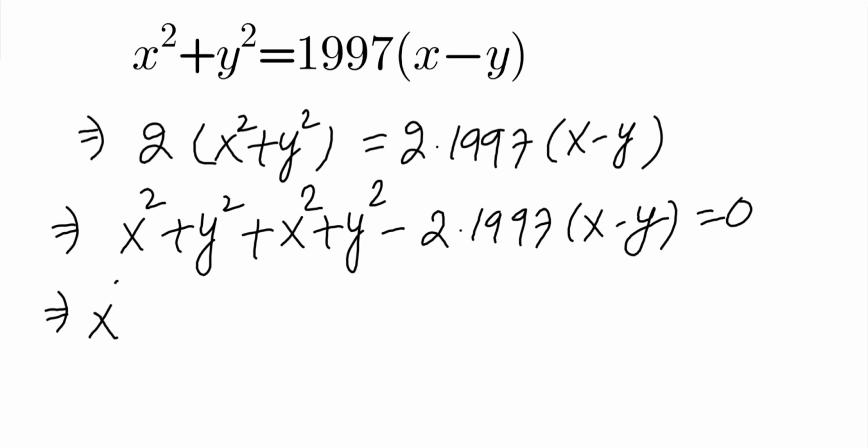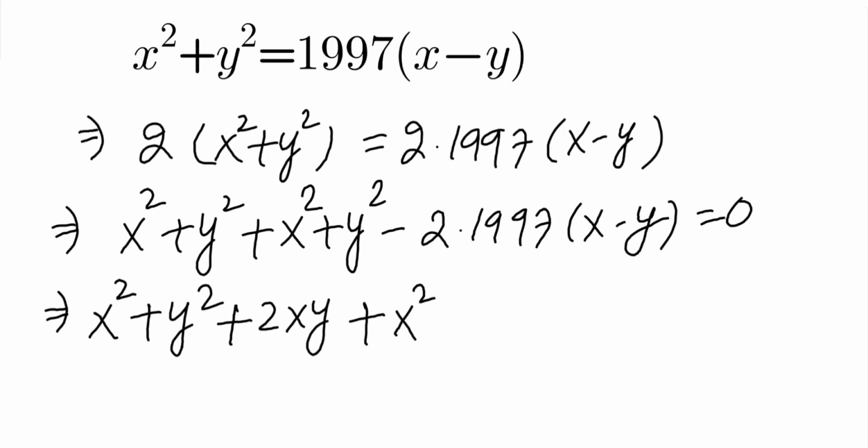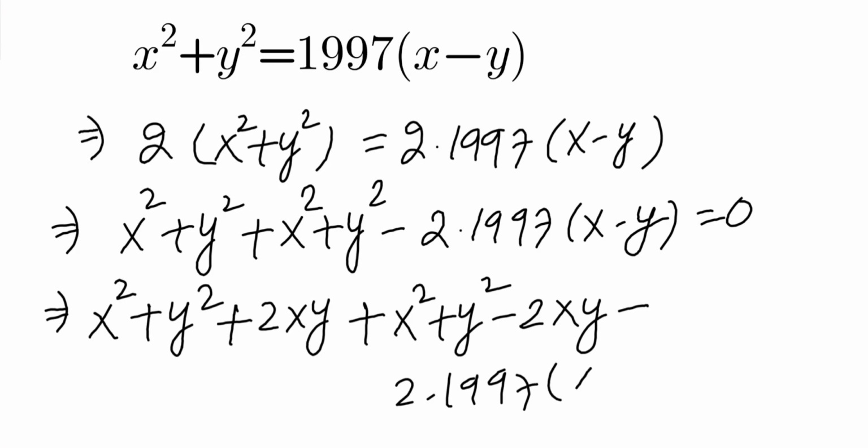So I'll do that, plus 2xy and minus 2xy. So it balances ultimately 2 into 1997 times (x minus y).